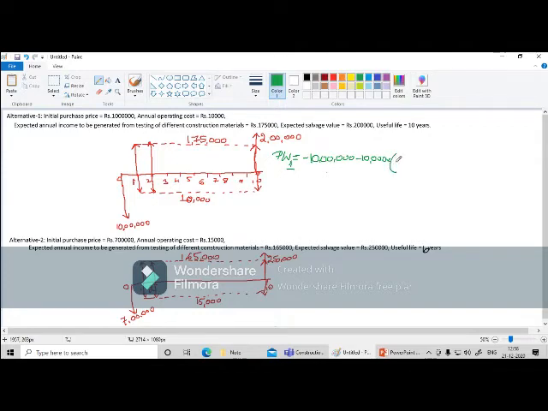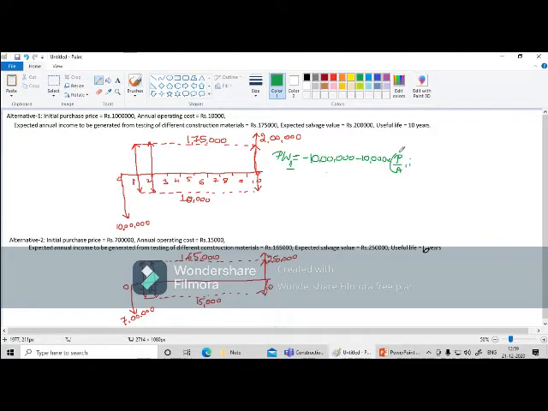So I'll multiply by the formula P by A. What do you mean by P by A? I require this 10,000, which has been distributed annually, in present worth. So I have multiplied it by P by A.